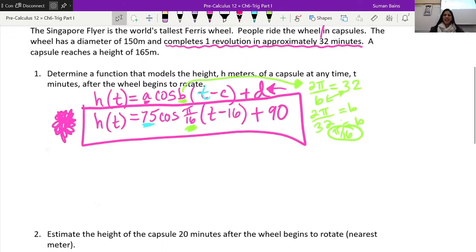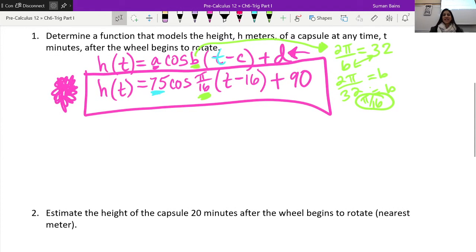I think having done that, I think you're going to find this next part to feel easier than what we just did for sure. But estimate the height of the capsule 20 minutes after the wheel begins to rotate. So basically, I plug in these 20 minutes.